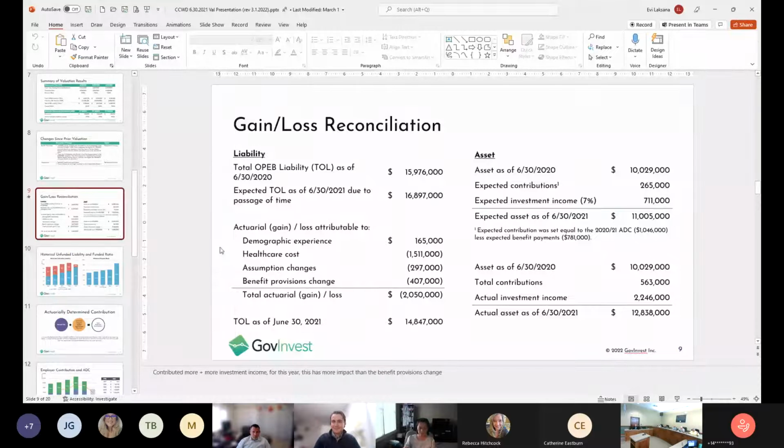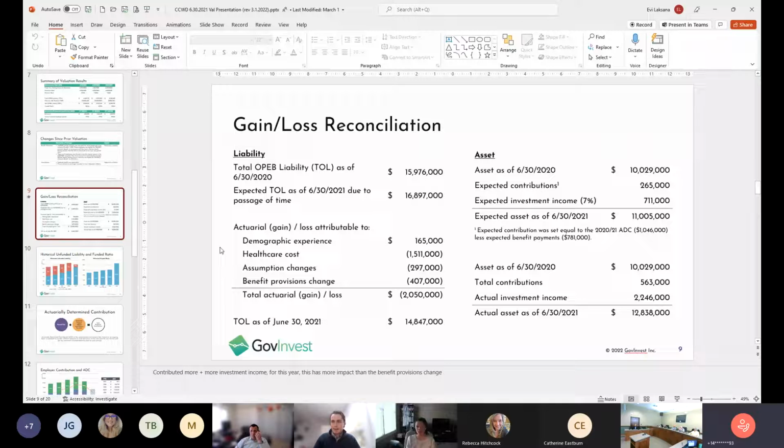Excuse me. Could you give me a little more explanation on demographic experience? Yes. So demographic experience refers to actual demographic changes that are different from expected. The district has a very small loss due to demographic experience.